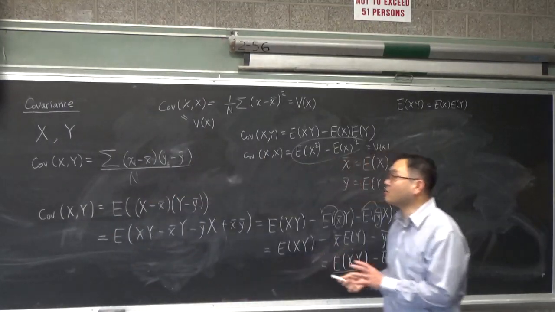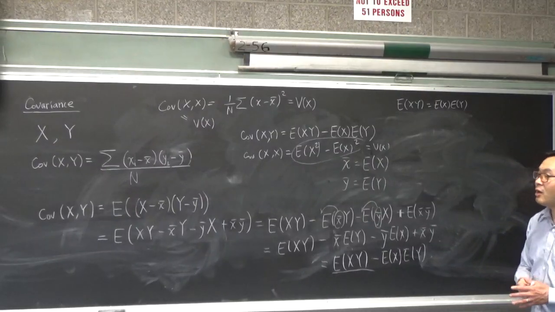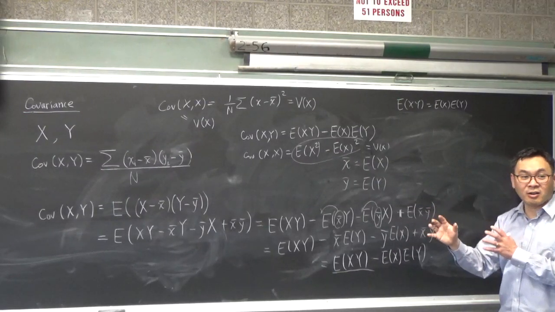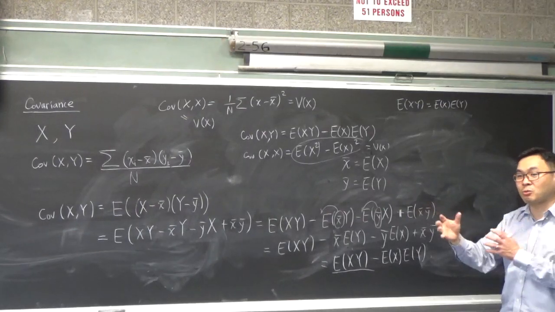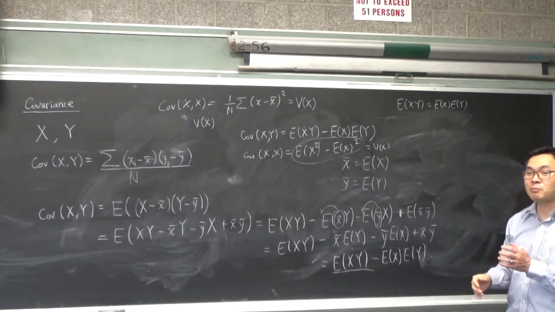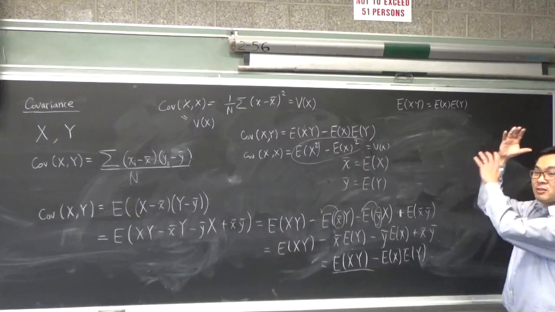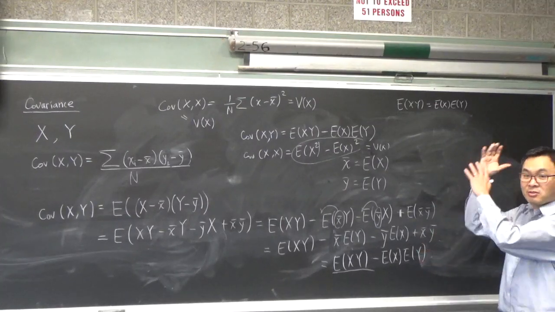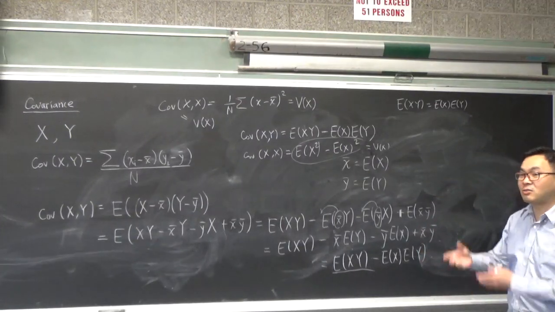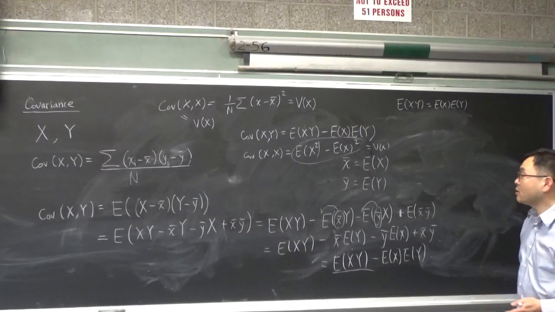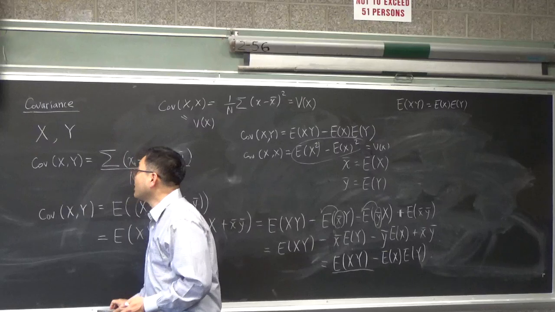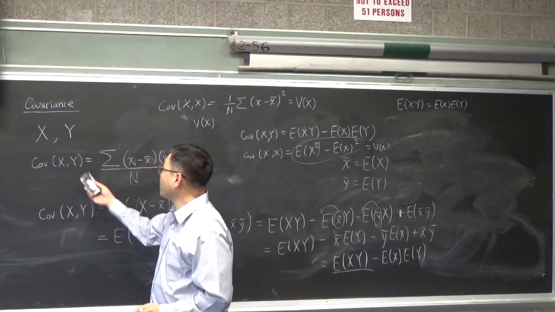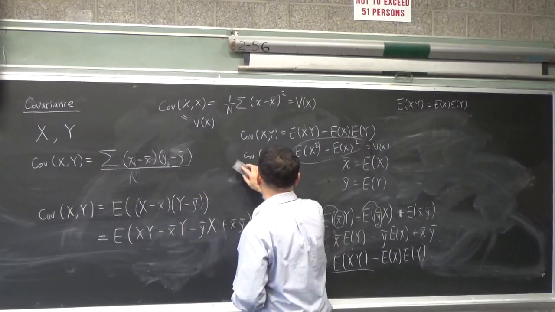So it really does give us an idea of how related two things are. So it's a nice quantity to have. You compute the covariance, you know how related two things are. If it's positive, it's generally trending along with it. There's a positive correlation. If it's negative, there's a negative correlation. Now the only problem with this is that the covariance is sensitive to the units.